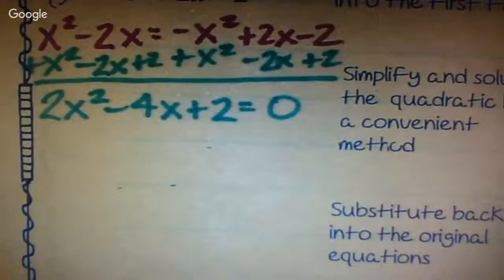So when I add these, you keep your like term of x squared and you add your coefficients. So 1 plus 1 gives me 2. But when I multiply them, you multiply your coefficients. 1 times 1 is 1, and then you add your exponents.